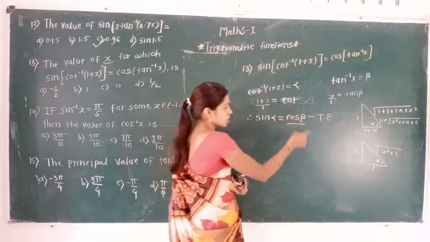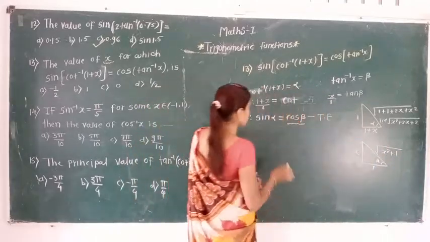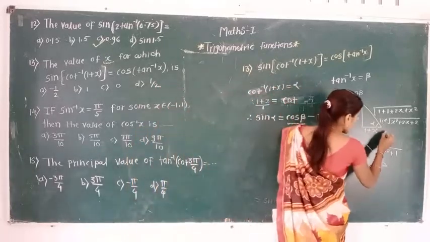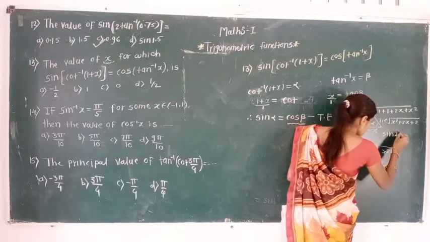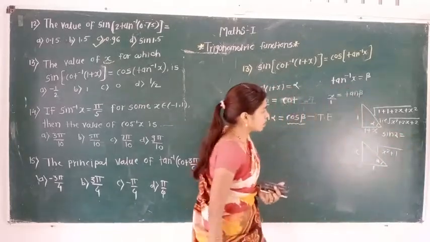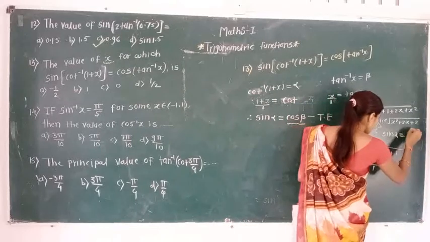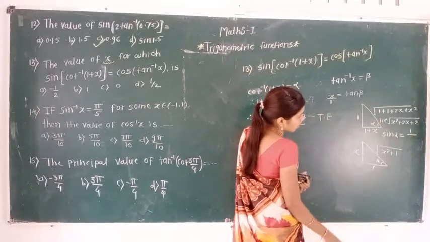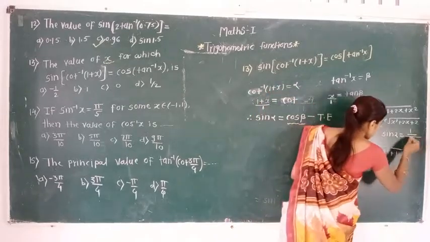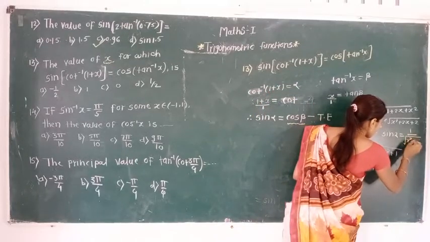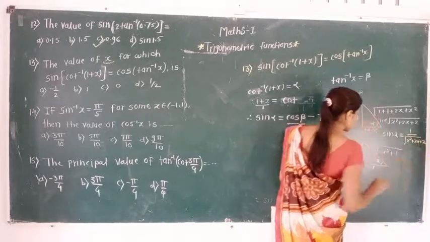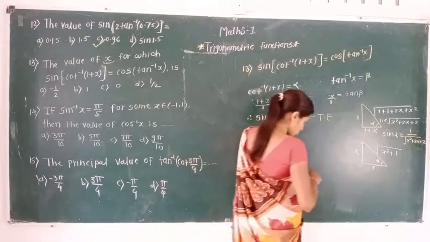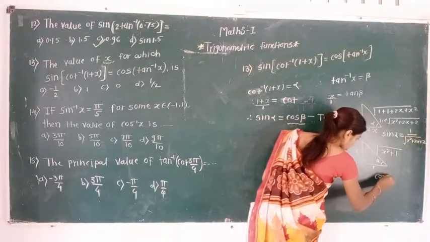So using these two pieces of information we have to take the value of sin alpha. Value of sin alpha is opposite side upon hypotenuse. Opposite side here is 1 and hypotenuse is root of x square plus 2x plus 2. Now we also want the value of cos beta.